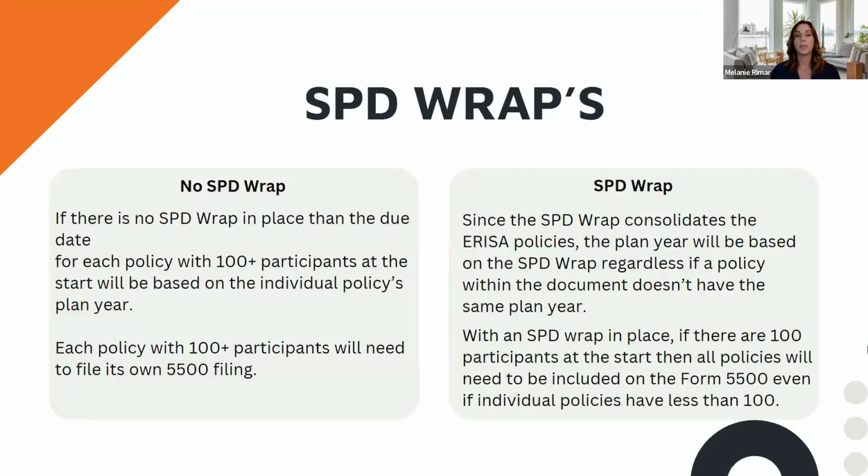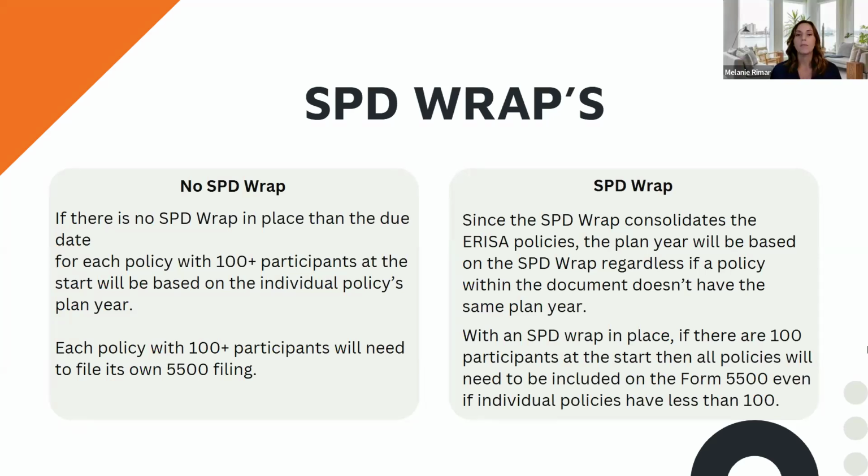So as we were talking about with the SPD wraps, this is one that really causes some confusion. If there is no wrap in place, then your due date for each policy with 100 or more participants at the start will be based on the individual policy's plan year. And then also each policy with 100 or more participants will need to file its own 5500.